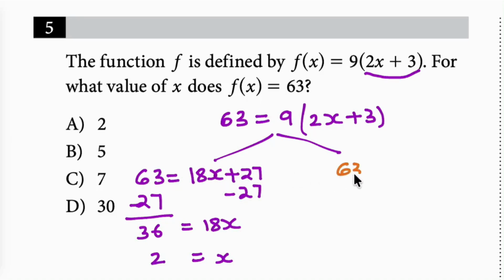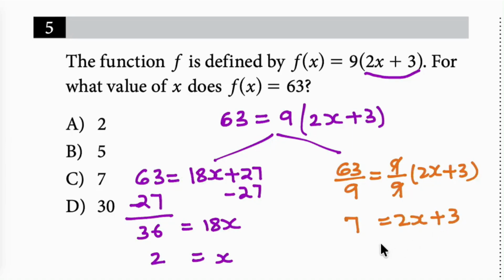So 63 divided by 9 is equal to 9 by 9, (2x plus 3), that is deleted. 7 is equal to 2x plus 3, subtracting 3 on both sides and then dividing by 2 on both sides. So x is equal to 2.